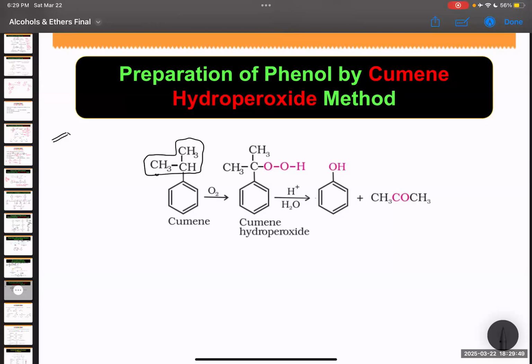There are many methods. You can start with propene, and you can take H plus. For H plus, you can take H3PO4 or you can take H2SO4. So H plus, but don't take HCl or HI, because if you take HCl or HI, they will come and join on the double bond.